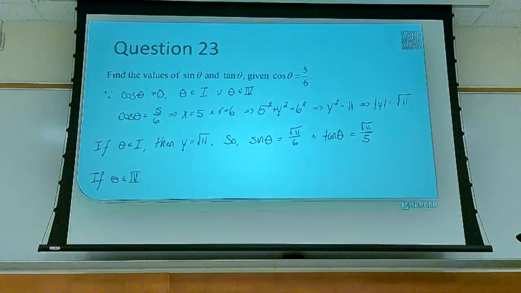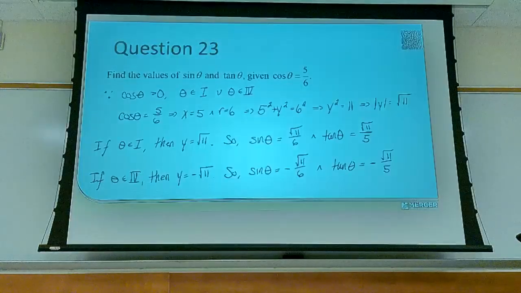If instead we're in quadrant 4, y is negative square root of 11. So it would be negative. So the answer could be plus or minus. Depends on the quadrant you get.